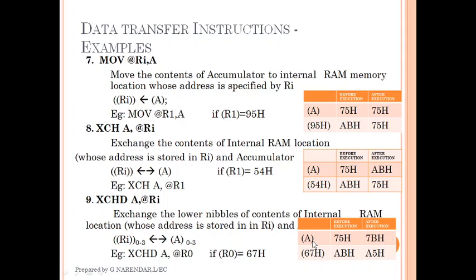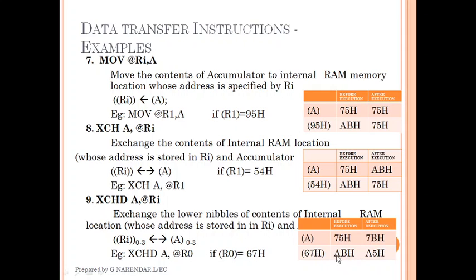Here we have shown the contents of the accumulator and the memory location 67H before and after execution. Assume that the contents of the accumulator are 75H and the memory location 67H has ABH.